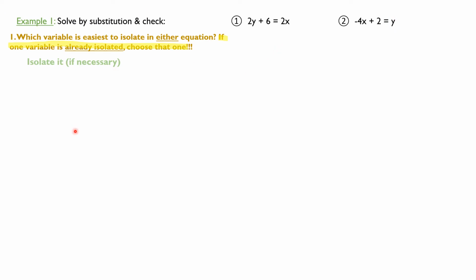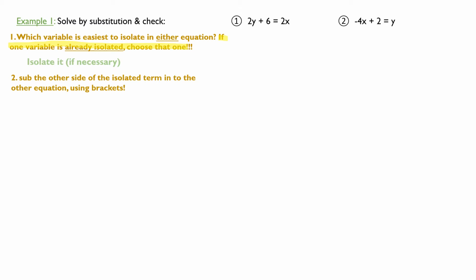Okay, let's look at our next step. Sub the other side of the isolated term into the other equation using brackets. Remember, I picked this y to isolate, so the other side is this piece here. Let me just highlight that. Whoops.